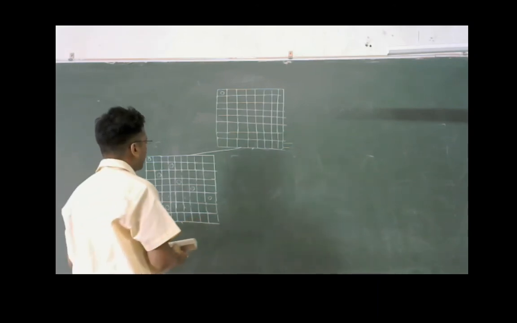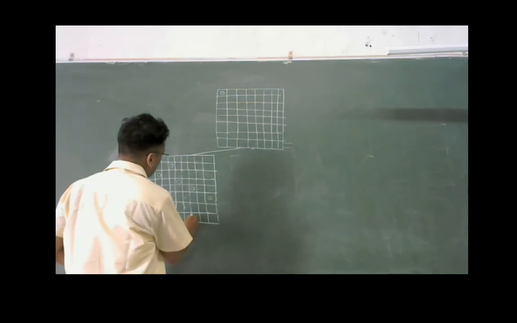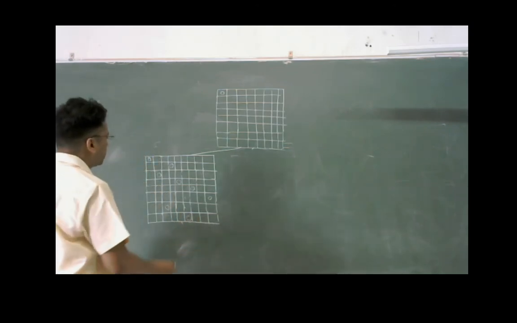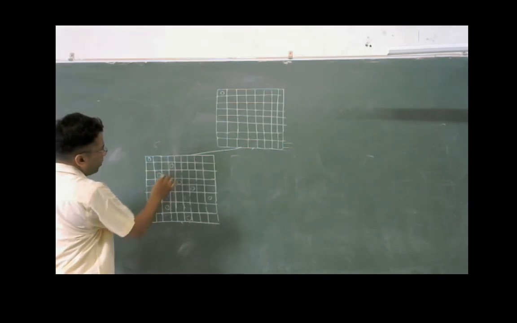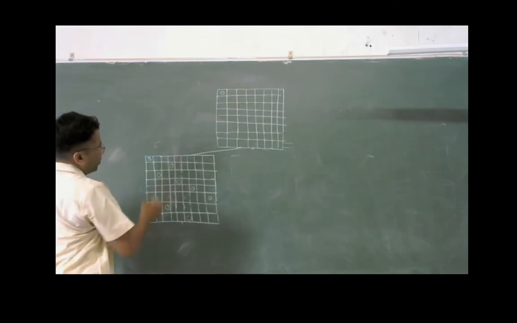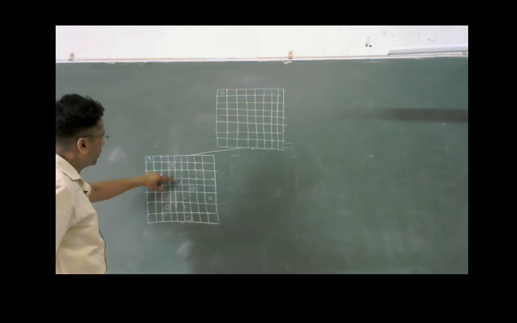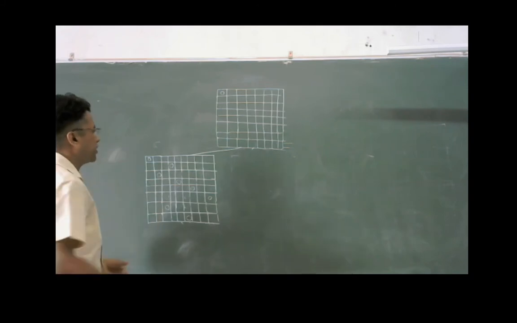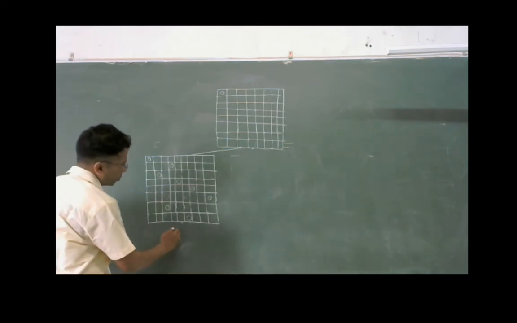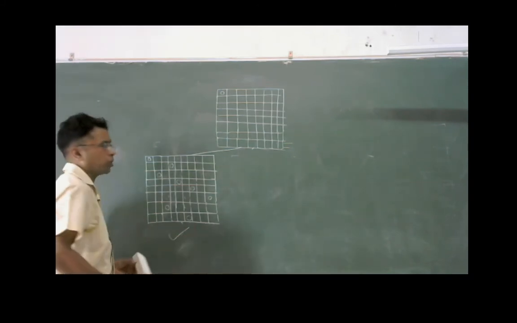Okay, so it can be placed here. So in this situation, you can check that nobody is hitting any of the other queens. Diagonally, they are not hitting each other. So this is a possible solution. So one solution. So this is the solution.